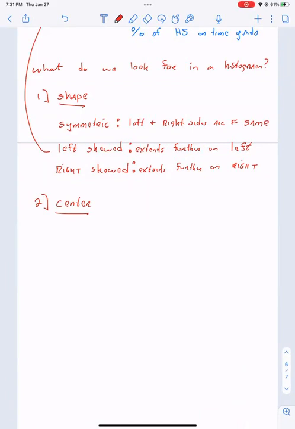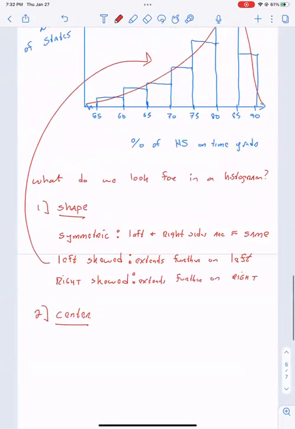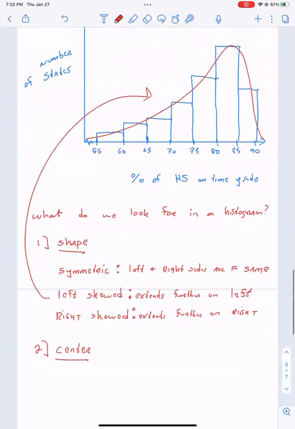Okay, here we go. Center. The next thing is center. Now, what is the center of a histogram? Here's the easiest way to think about it. I want you to imagine that your histogram is a physical construct, that you have built this wooden or steel figure.